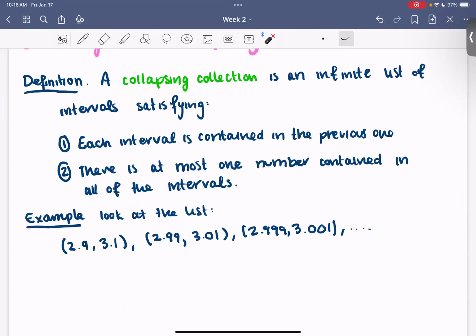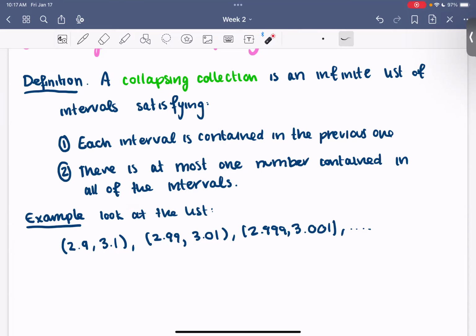Why is it at most one? Technically for the first one, there could be like 3.001, and that would still be a number in that. Yes, but 3.001 won't be in all of the intervals, right? I could take the 5th interval or something, and 3.001 won't be in that interval.